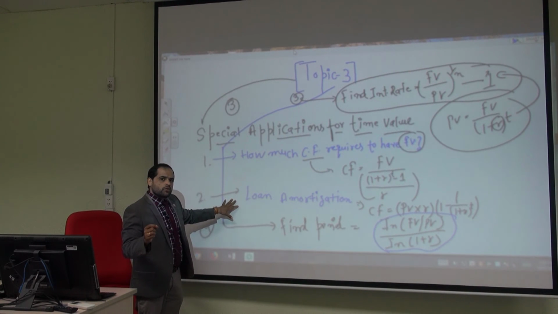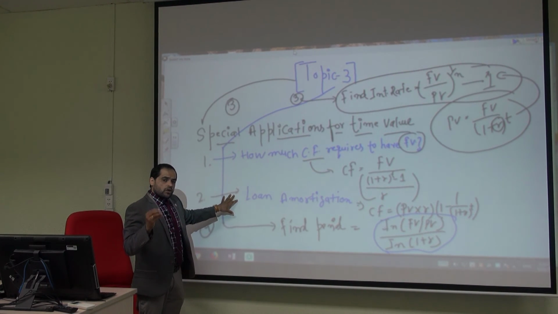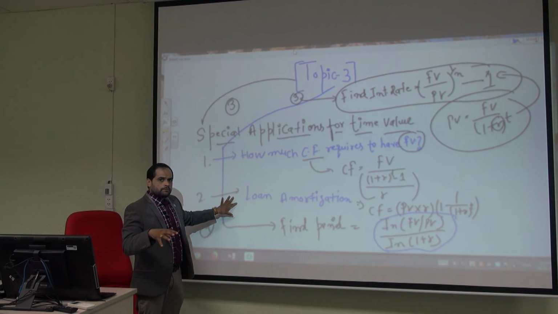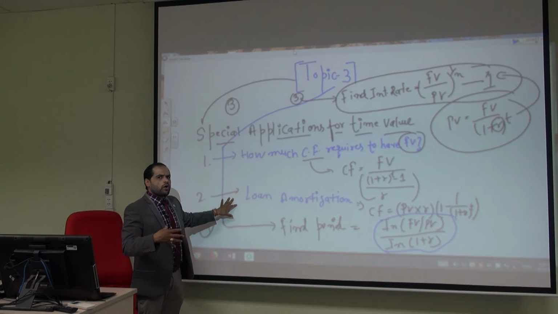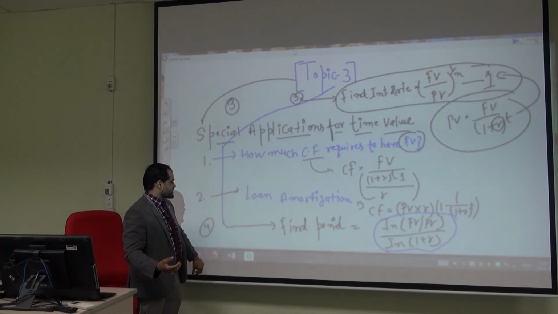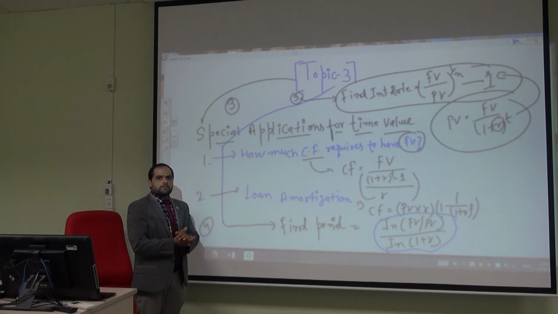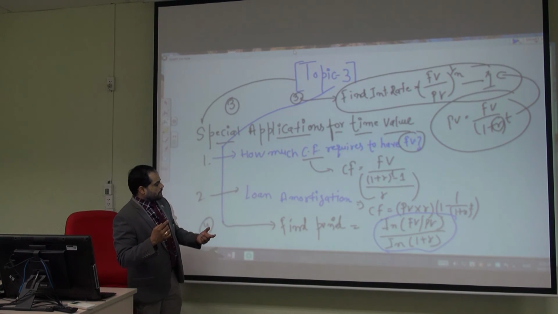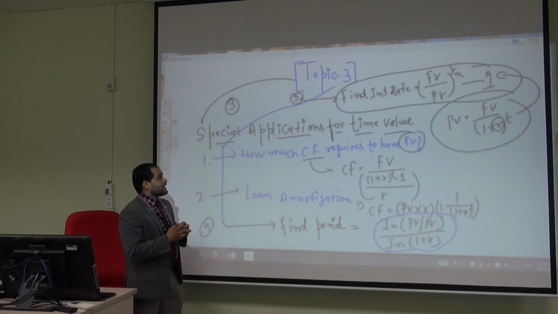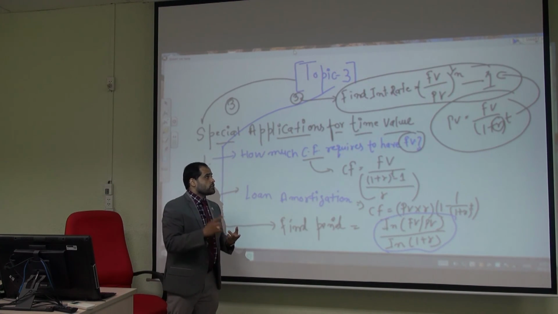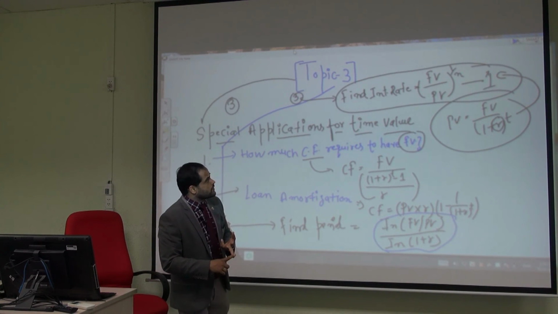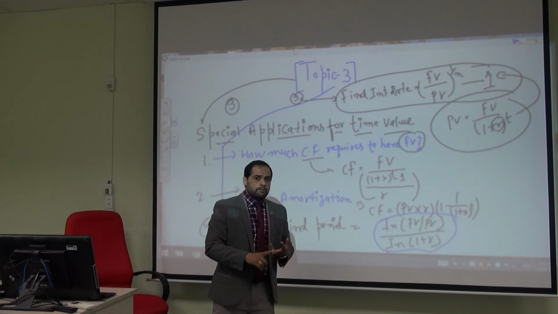The second one is loan amortization: how much equal installments or payments we require to repay the loan. The third one is finding interest rate, where future value, present value, and time period are given.